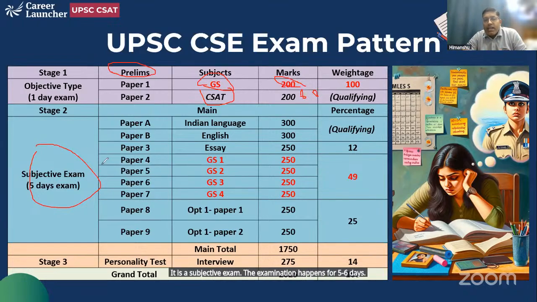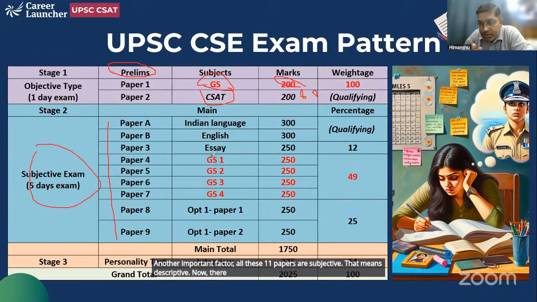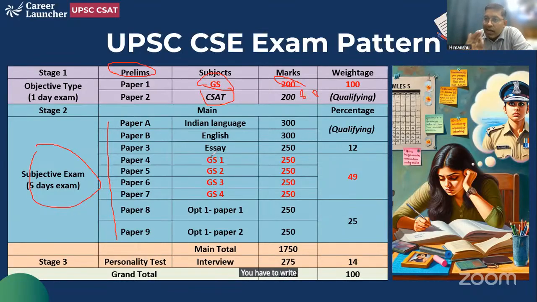There are 11 papers in the main examination. Out of these 11 papers, another important factor, all these 11 papers are subjective. That means descriptive. Now there are no options. You have to write long answers out here in main examination and that makes it tricky.